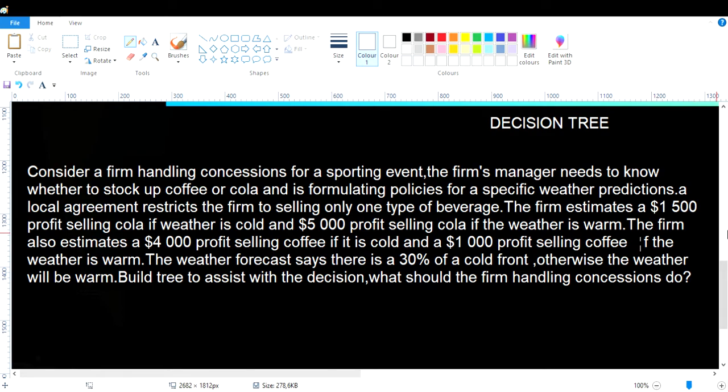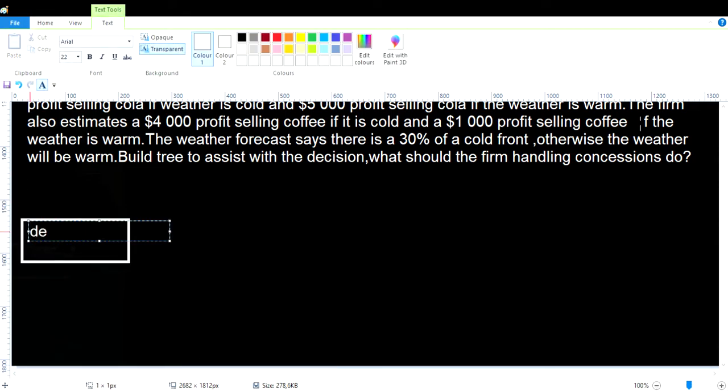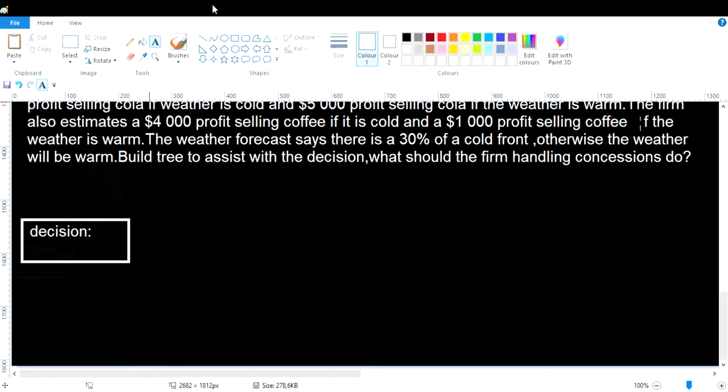Okay, let's draw the decision tree. Here I'm going to write decision. Then here we have two beverages, coffee and cola.